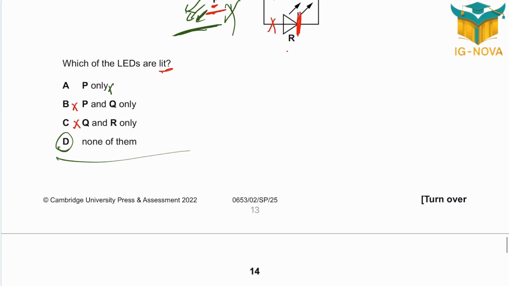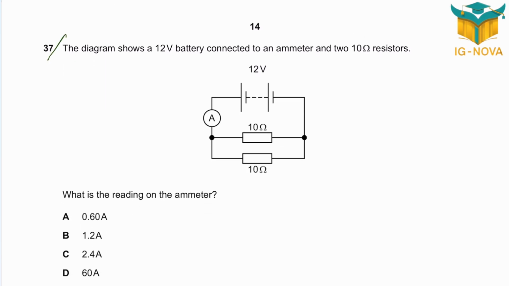Be careful. Question 37. The diagram shows a 12-volt battery connected to an ammeter and two 10-ohm resistors. Two resistors here, each one is 10. You need to find the current. Current is voltage over resistance, but here it's parallel, so it's a combined resistance.